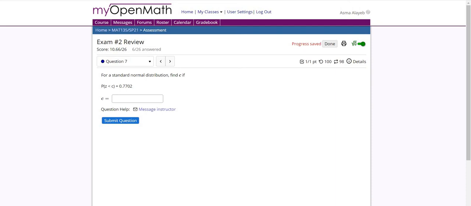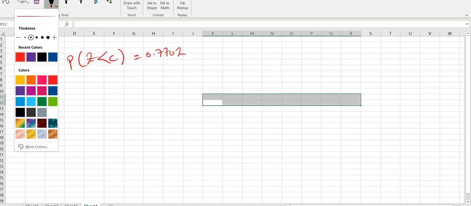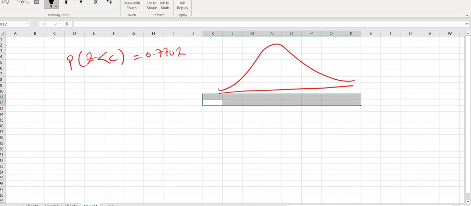And then from there, I can use the appropriate function to answer this question. So the first piece of information I know is that the distribution is going to be a standard normal distribution. What does that mean? That means that the mean is equal to 0 and the standard deviation is equal to 1. So this is the first piece of information, and I can tell because I have a z-score here.